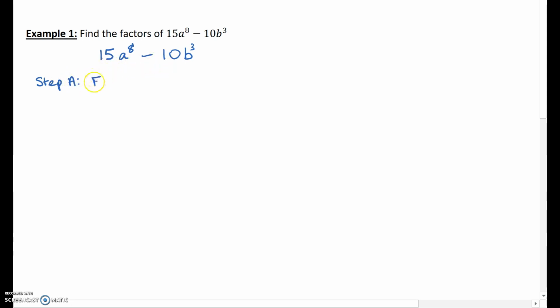The factors of 15 are 1 times 15 or 3 times 5. So all of those are factors of 15. We also want the factors of 10. Well, that's going to be 1 times 10 or 2 times 5.